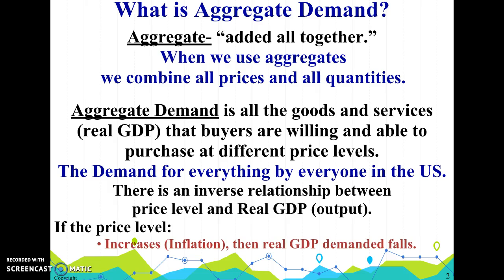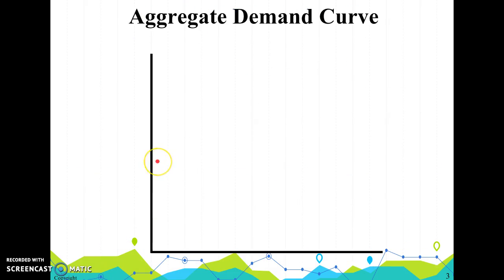We're going to take a look at the aggregate demand curve to see how this slide translates to this graph right here. So we're measuring price level, okay? If you put price on macro, your graph is going to be wrong. Micro is price, macro is price level. Price level implies inflation, overall price levels in the economy.